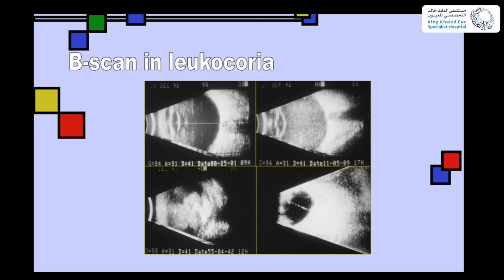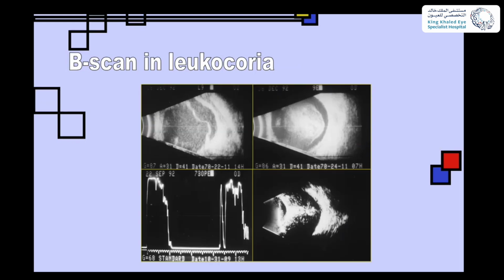I don't know what's the process of rotation now, but I prefer to have a B scan in the ER. The scan in the ER will help you a lot. It will help you first to know how to handle the scan. It will help you to make the diagnosis. Sometimes it will save your time from dilating the patient and keeping the patient waiting for 1 hour while there's no intraocular abnormality that needs to be seen by dilation.